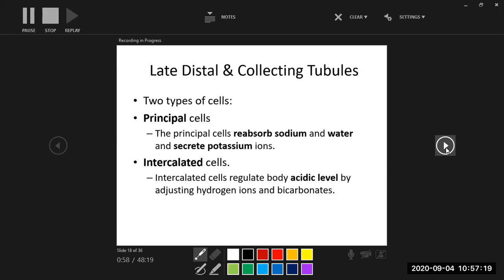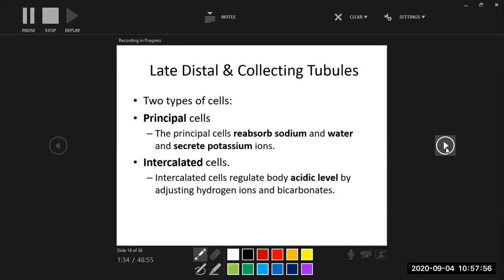Because this is the very end portion of our nephron, if our body needs to secrete more hydrogen, this is the region that will be triggered to secrete more. If not, we will reduce the secretion of hydrogen. So the intercalated cells are the final step to make the correction of the pH level in the urine.